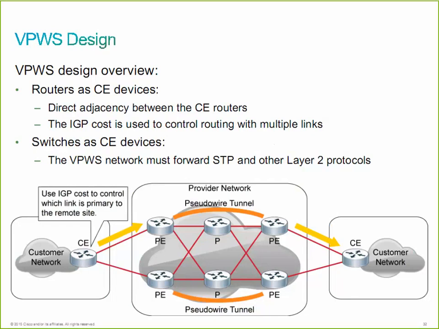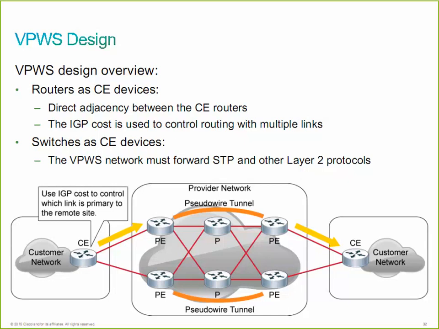The PE operation mode in this particular case does affect the CE deployment. When the provider edge router is operating in port mode, we talked about what port mode was previously, all the traffic gets tunneled to the remote location.